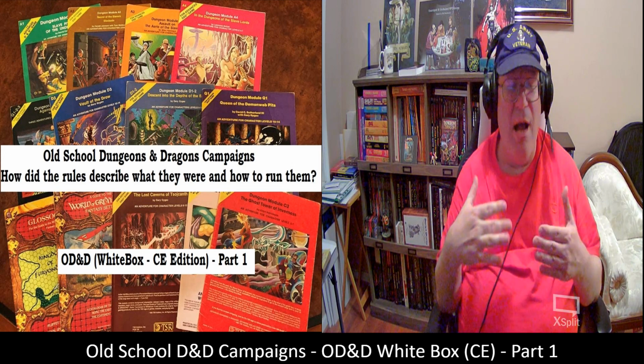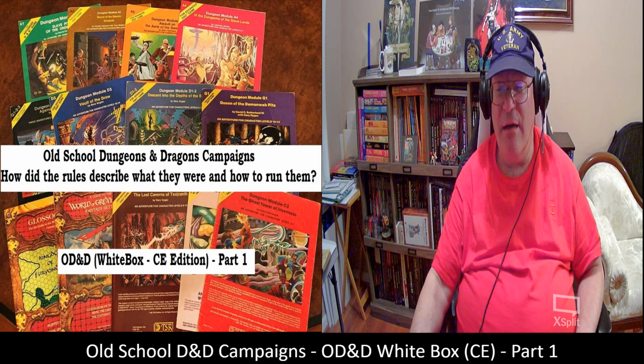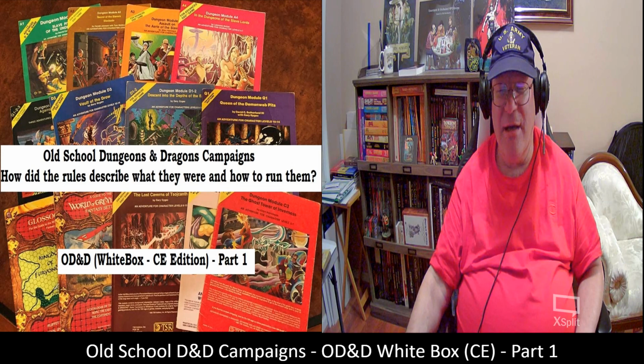Now, I was trying to figure out different ways of showing this for you. I'm going to switch views here. I tried to use my desktop camera in order to zoom in on the booklets and actually read it verbatim along with you, so that you can see what I'm reading.